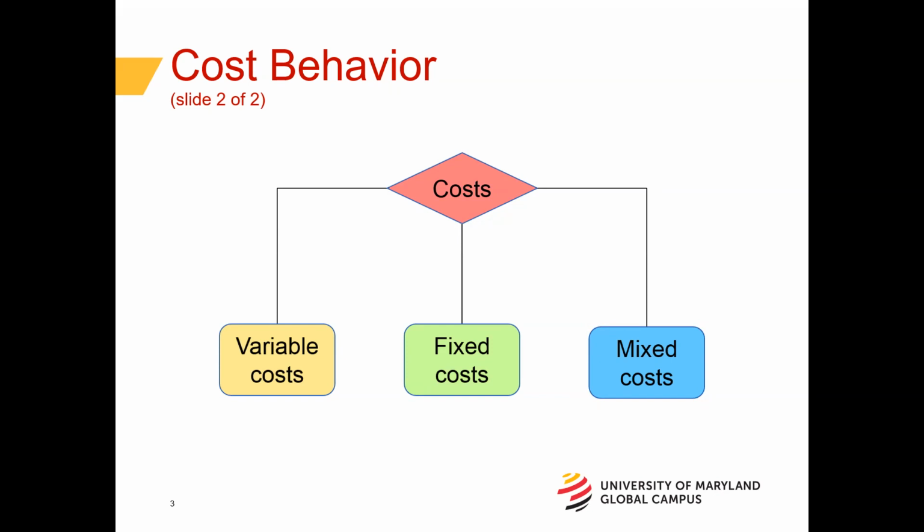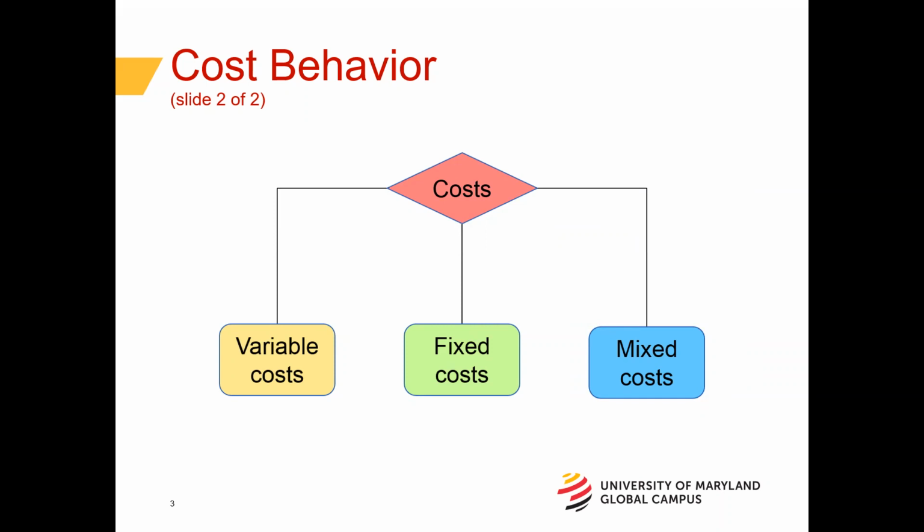Direct materials, direct labor, and factory overhead are the total cost of a product. So since we know that, we also understand that there are variable costs, fixed costs, and what we call mixed costs associated with the total cost of a product.